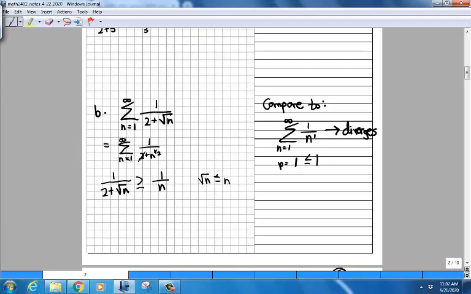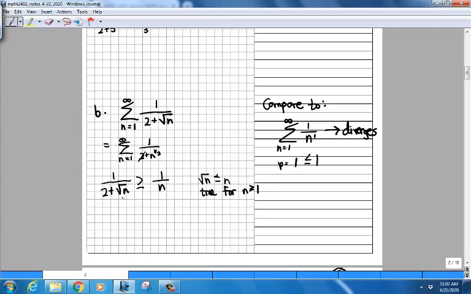Of course, our index here is bigger than or equal to 1, so this is true for n greater than or equal to 1: square root of n is less than or equal to n.